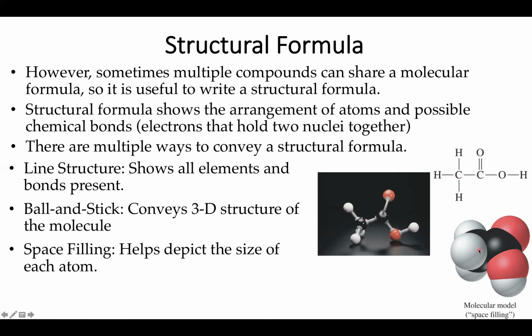Well, in most of this area, we're going to have a lot of electrons moving around. So we often convey the individual size of each atom using this space filling model. Each one of which gives you a slightly different view on the system. We're going to tend to use a lot of line structures just because of their ease of use whenever a simple molecular formula isn't good enough.